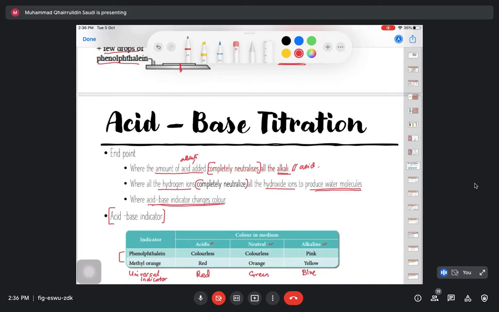You should know the color of these three indicators when they are acidic, neutral, and alkaline. The famous one is phenolphthalein lah. But you should also know the color for methyl orange and universal indicator as well.